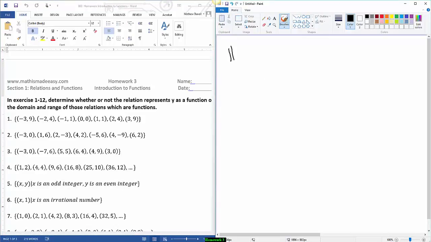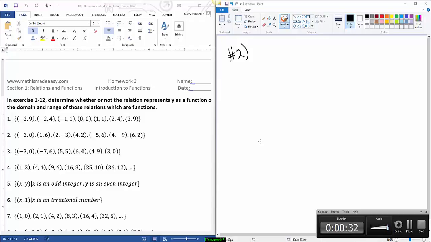Let's do number 2. So if it's a function, then you have to find the domain. For this one here, the idea is I'm trying to see, does an x value map to more than one y value? So -3 maps to 0. I don't see another -3. 1 maps to 6.